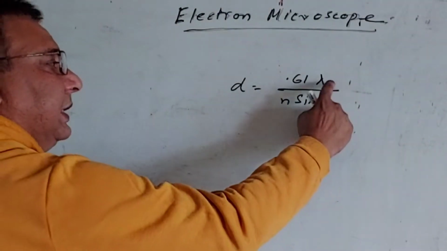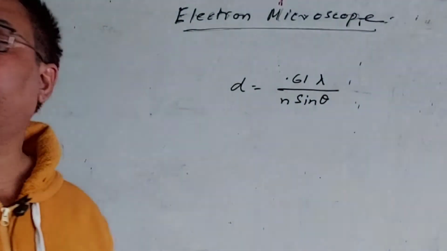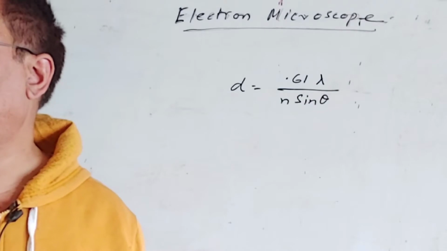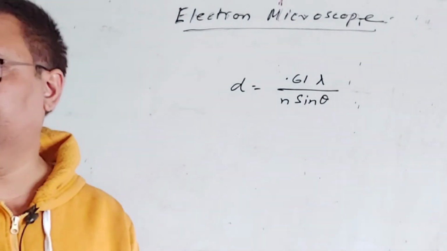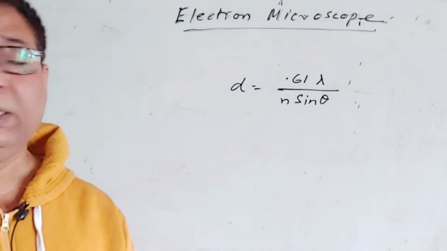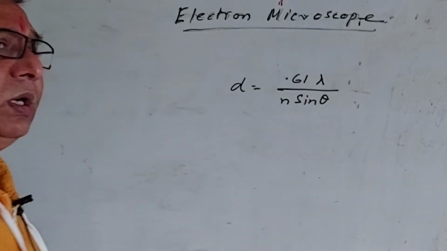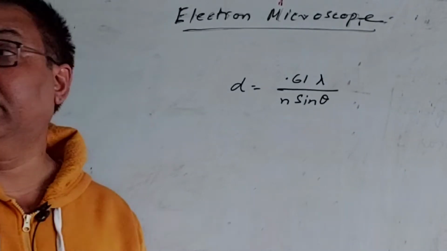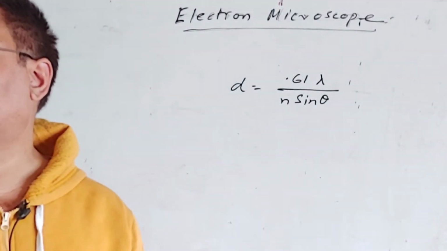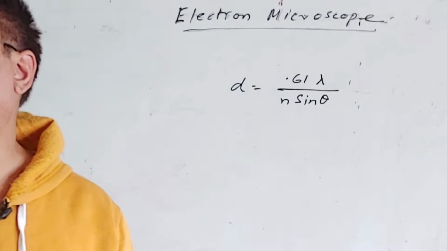And you can also decrease the lambda, maybe up to 400 nanometers, but you cannot go beyond that. So there is a limitation for a light microscope. For that reason, people thought about how to decrease the wavelength further. So the answer was the electron beams.